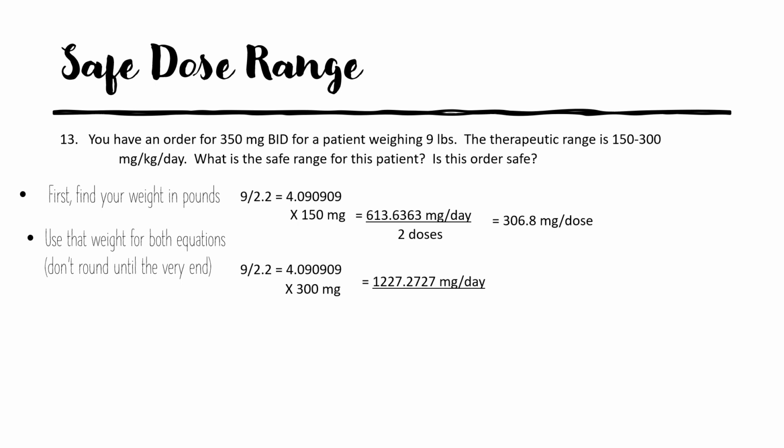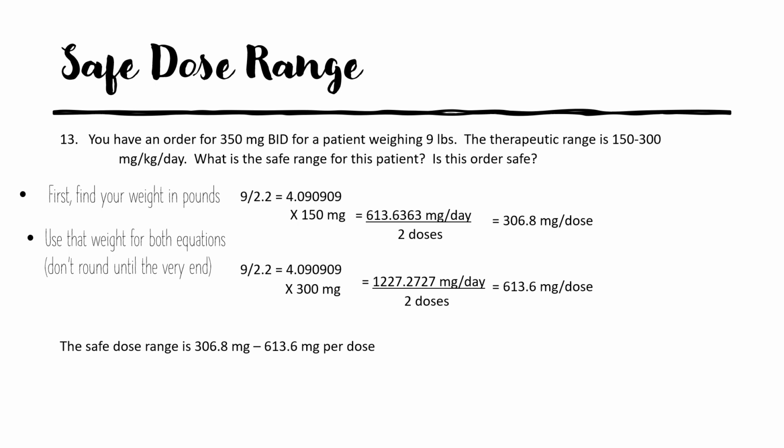So I get 1,227.2727 milligrams per day, divide by my 2 doses, and I get 613.6 milligrams per dose. So my safe dose range here is 306.8 milligrams to 613.6 milligrams per dose.